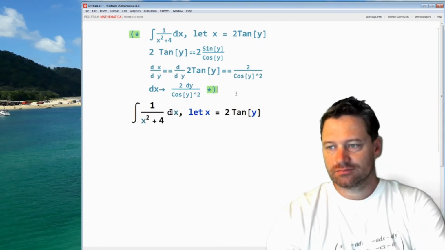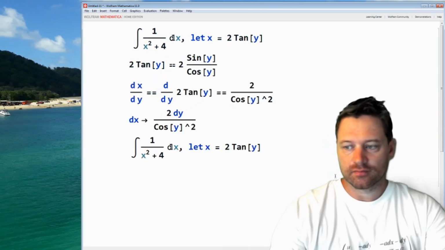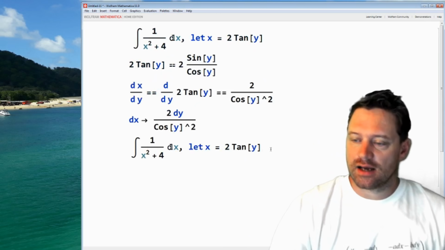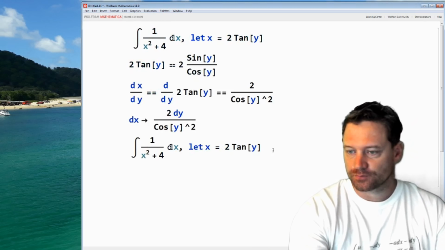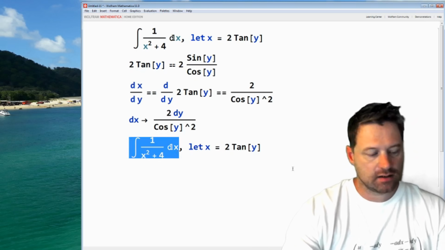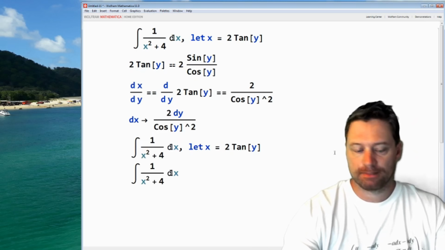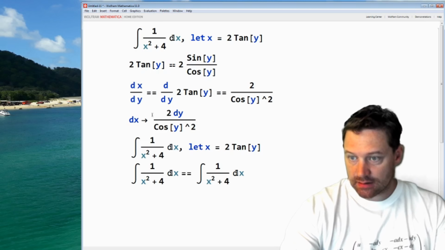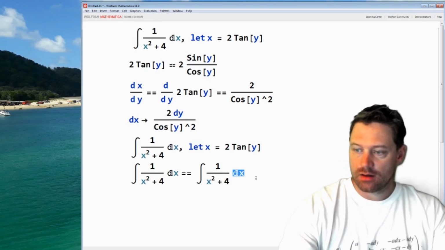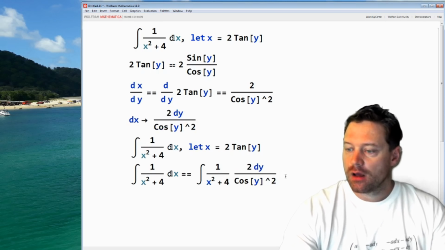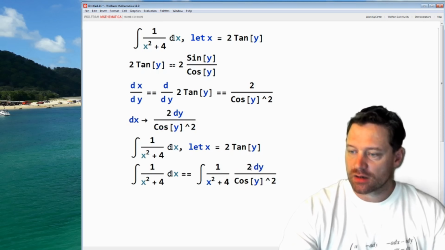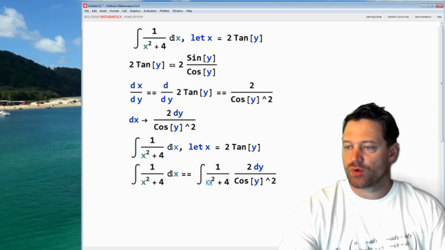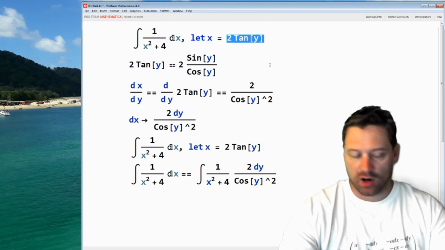Okay, so we've let x be 2 tan y, and now we can say that this is equal to, having replaced dx with 2 dy on cos squared. Okay, now we've made the replacement. We also should replace x with 2 tan y. So let's do that also.